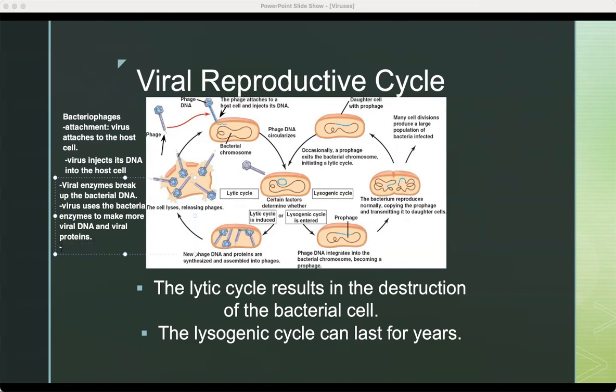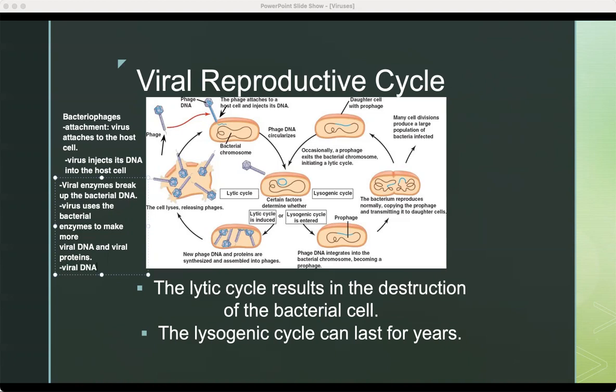The next thing that happens is that viral DNA and proteins are packaged into new viral particles that we call virions. A virion just basically means a single virus particle.